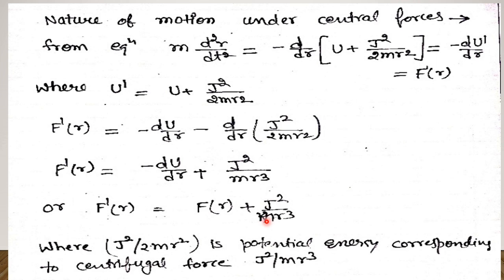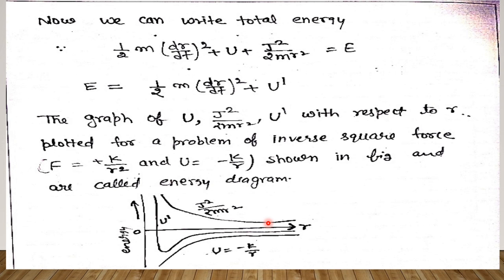What is the centrifugal force? J²/mr³. Now we can write the total energy in the form ½m(dr/dt)² + U + J²/2mr² = E, and in simple form ½m(dr/dt)² + U', where we summarize these terms in U'.